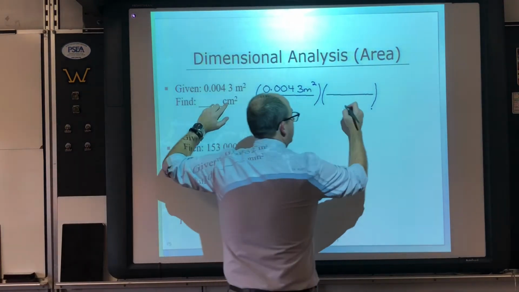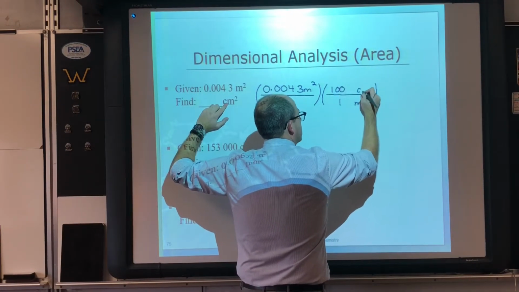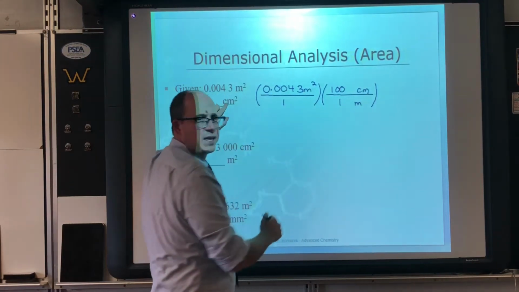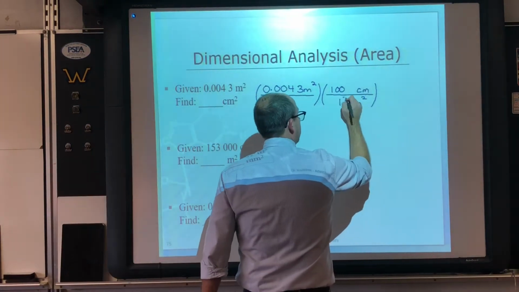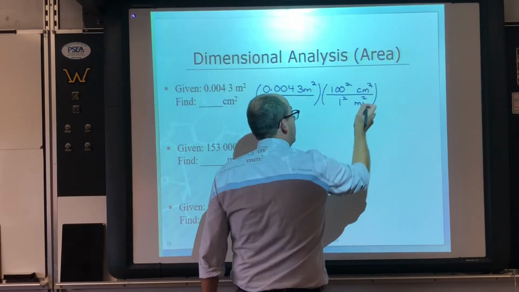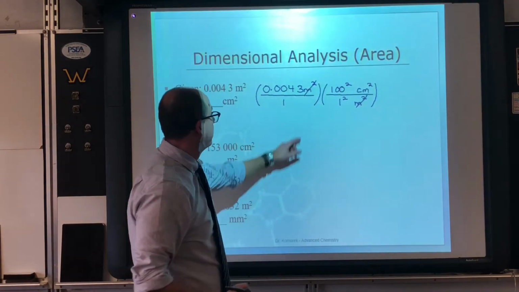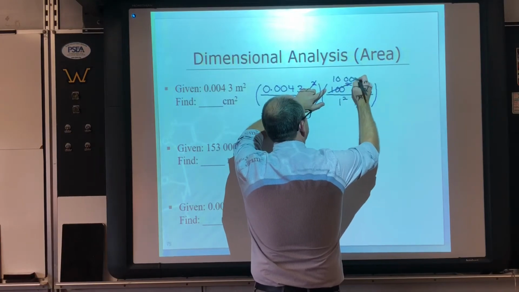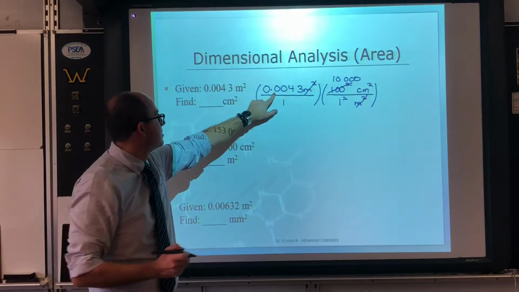It's based on 1 meter is 100 centimeters. But meters squared is not going to completely cancel with meters. So, we square each term. Now meter squared cancels. Also, the 100 squared can become 10,000. And we're left with this times 10,000.